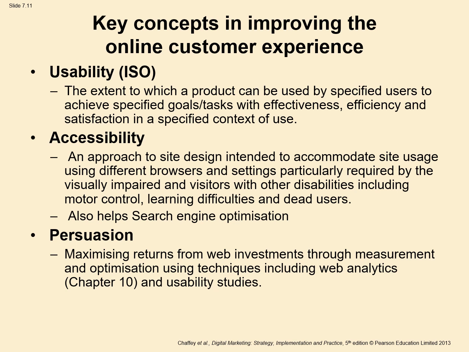Accessibility is an approach to site design intended to accommodate site usage using different browsers and settings, particularly required by visually impaired users and users with other disabilities including motor control, learning difficulties, and deaf users. So accessibility means that we have to make sure that the website will be able to be accessed everywhere, because some websites cannot be accessed and do not look really good on mobile, different from if you see it from a personal computer.